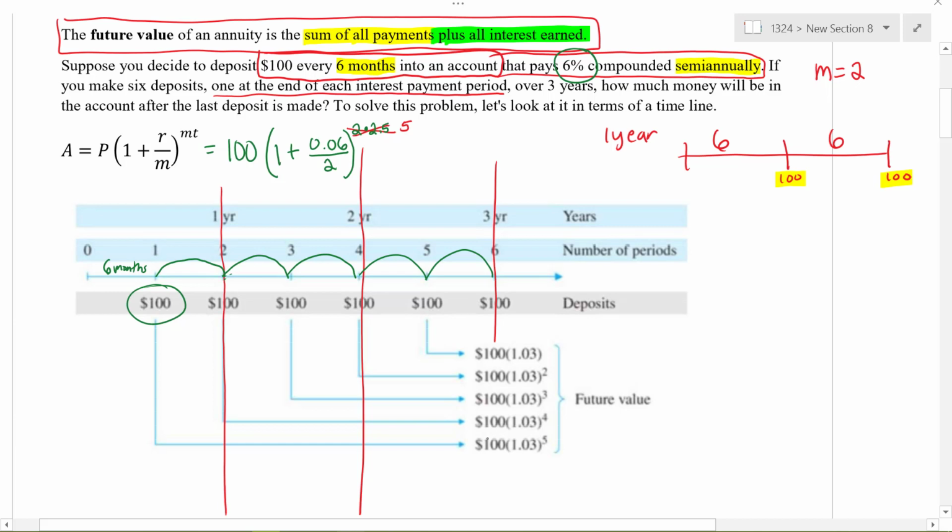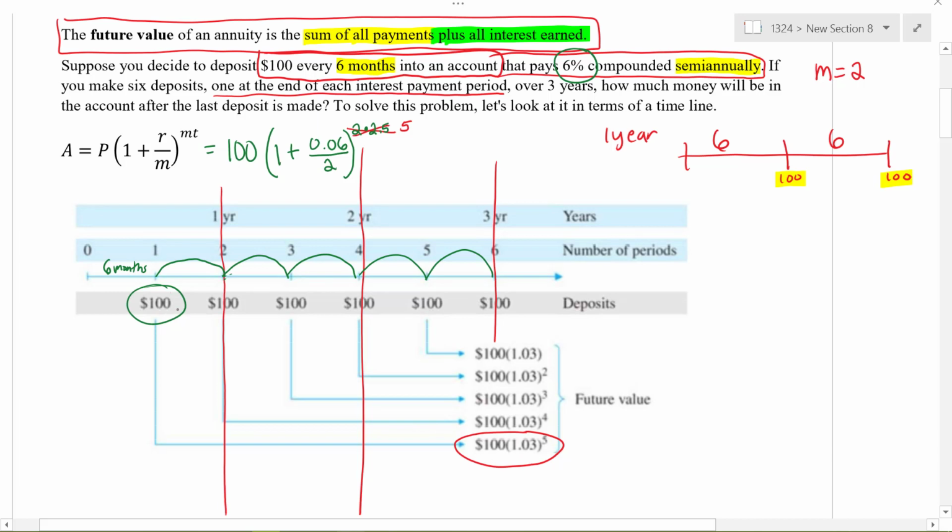Here's the formula, simplified, because 0.06 divided by 2 is 0.03. 1 plus 0.03 is 1.03, and then raised to the power of 5. This is the future value, including the original $100 that you deposited and all of the interest that you earned. This is the future value of that $100.